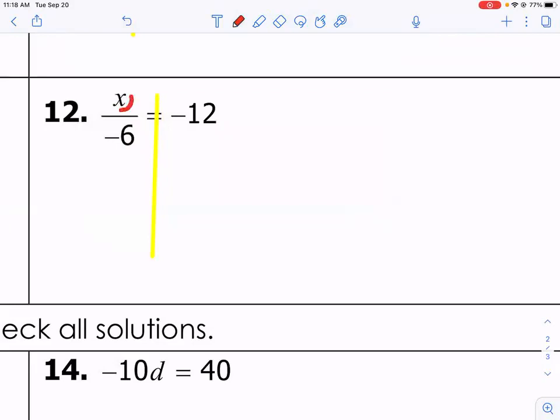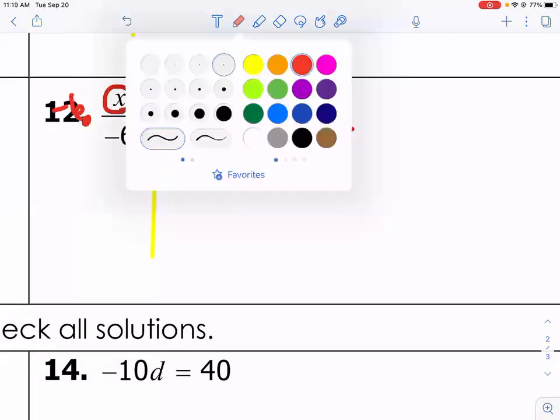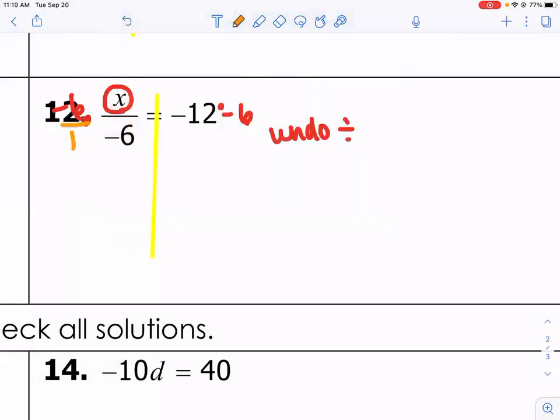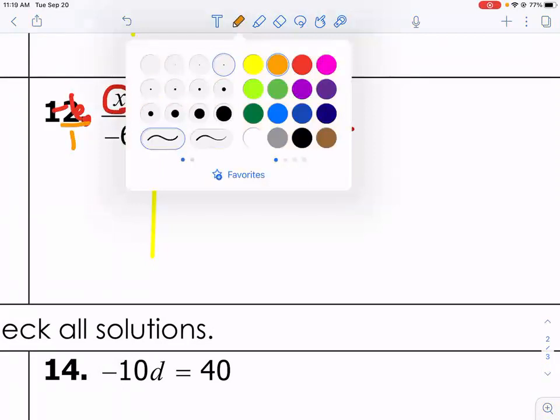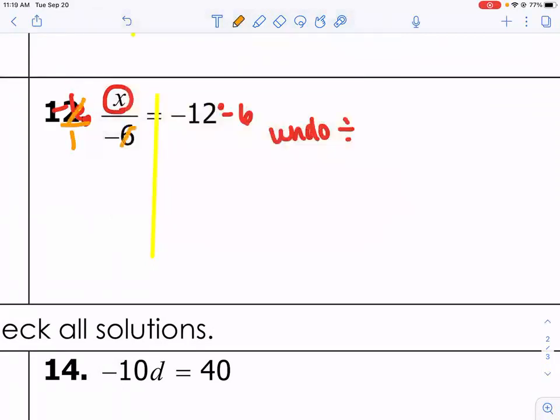Okay, so here is X. We need to undo the division right here. So we're going to multiply both sides by negative 6. This is like multiplying by negative 6 over 1. So the 6s cancel, and we're left with X equals, oh my goodness, negative 12 times negative 6. 72.